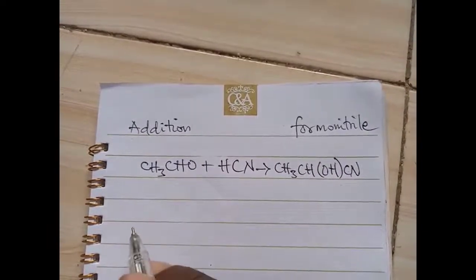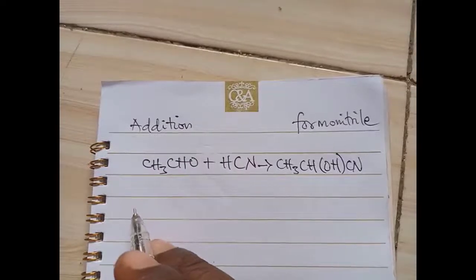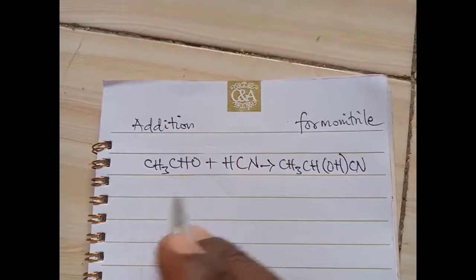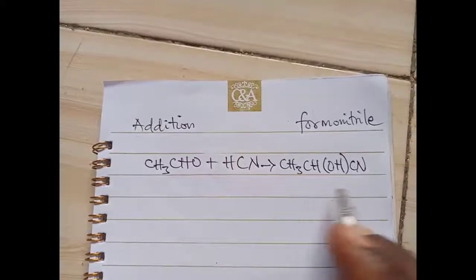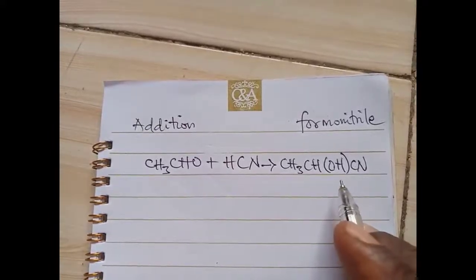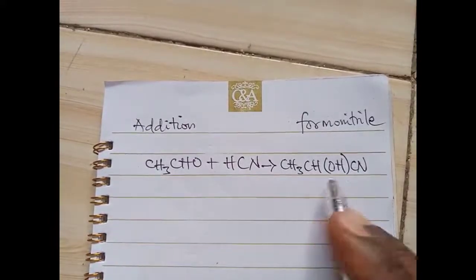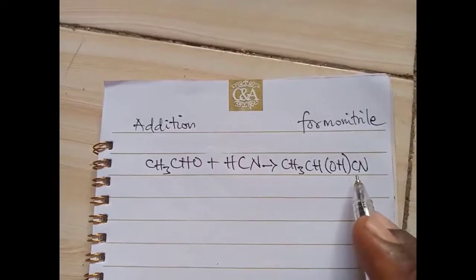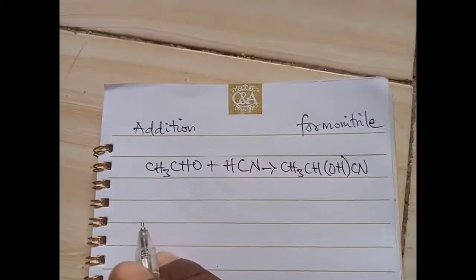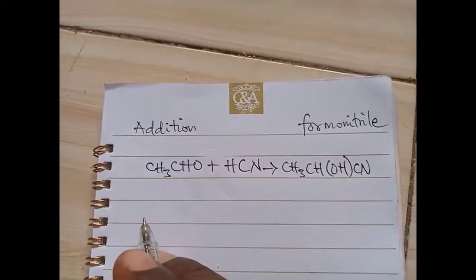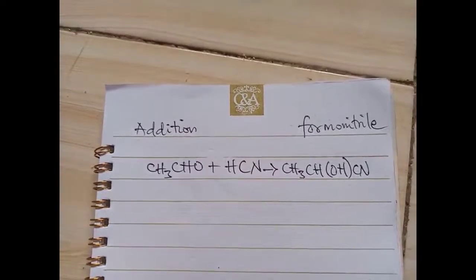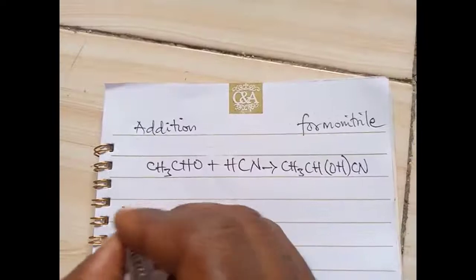So one thing we need to understand is that in addition reactions, two molecules combine to form one single molecule. So addition frequently occurs at a double bond or triple bond, or even at small size rings. So the next one we'll look at is elimination.